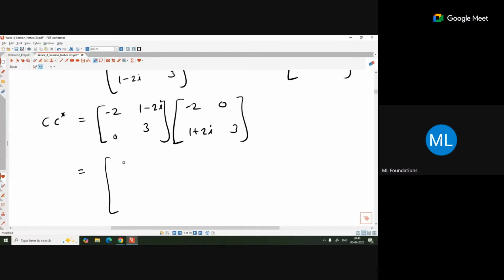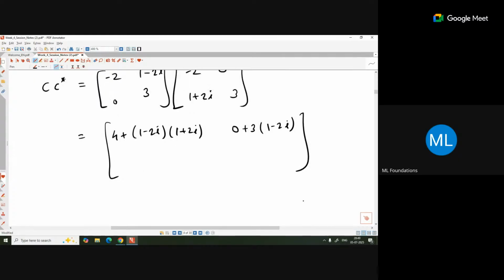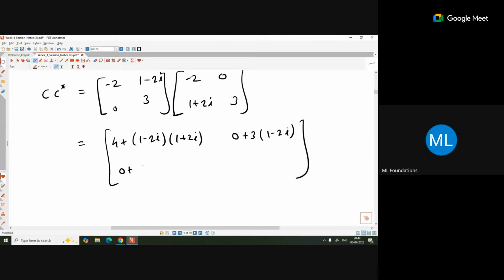Okay, maybe I'll write it down. So -2 into -2, basically here it is 4 plus 1 minus 2i and 1 plus 2i, the first element. The second element will be 0 plus 3 times 1 minus 2i, and here 0 plus 3 times 1 plus 2i, and here it is 0 plus 9.